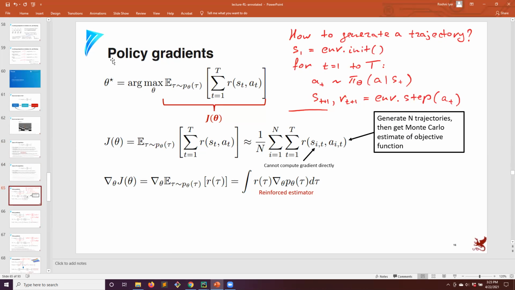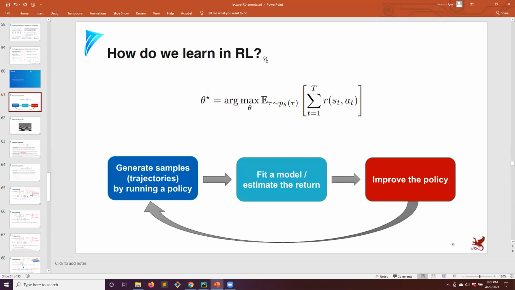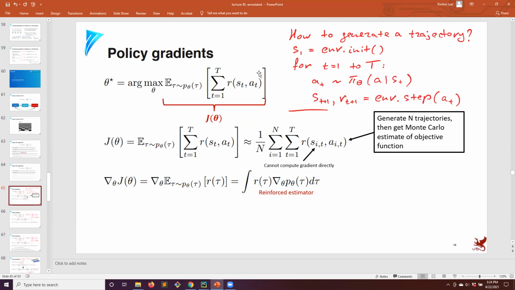So this is the same function that we saw above over here. And this part, we can call J of theta. Note that this part is an expectation over trajectories generated under the policy. That's this P of theta here.